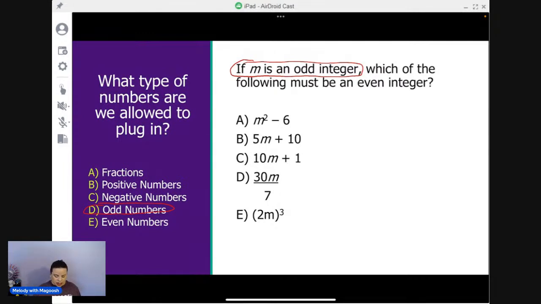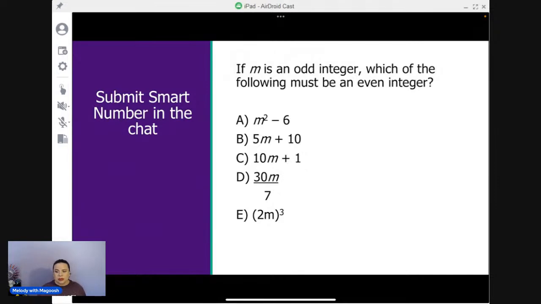Now, can we plug in a fraction this time? No. Could we plug in either positive or negative numbers? Sure, odd numbers can be positive or negative, but positive is going to be easier to work with. Most of us would agree with that right away. We cannot plug in even numbers this time. So we ask ourselves, what would be a smart number for me to plug in?